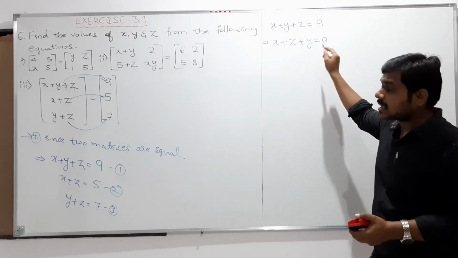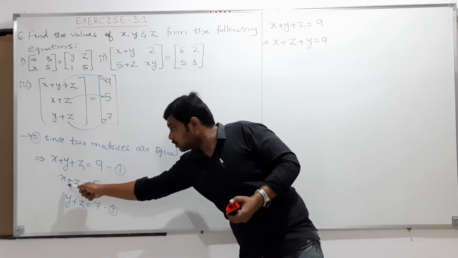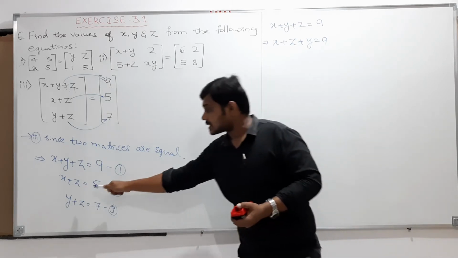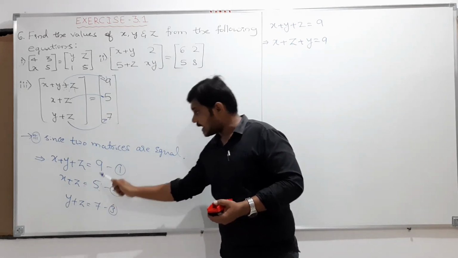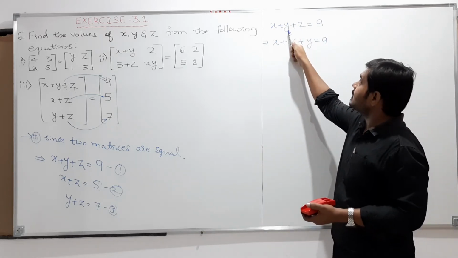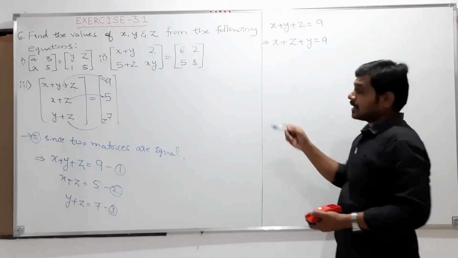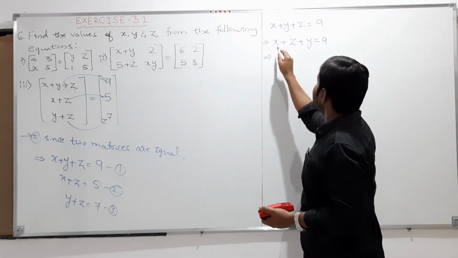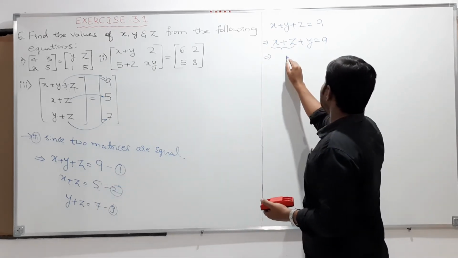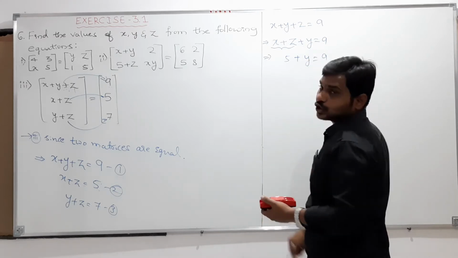I am writing like this because, by observing these three equations, we know the x plus z value as 5 in the second equation. This value I am going to substitute here, so I changed the places to simplify: first z and then y. So x plus z is 5, plus y as it is, equals 9.